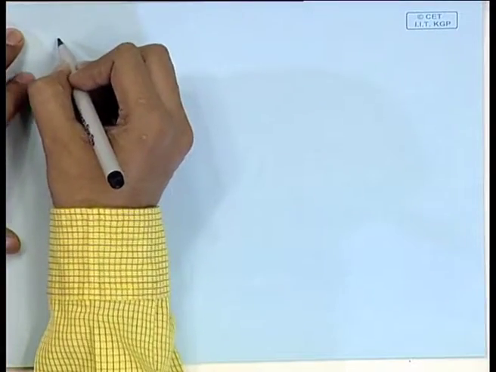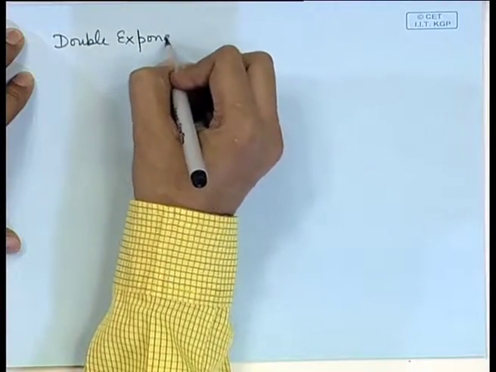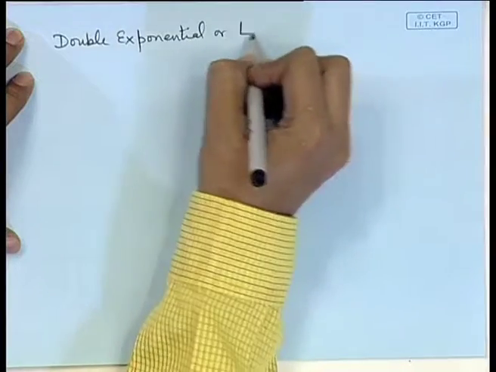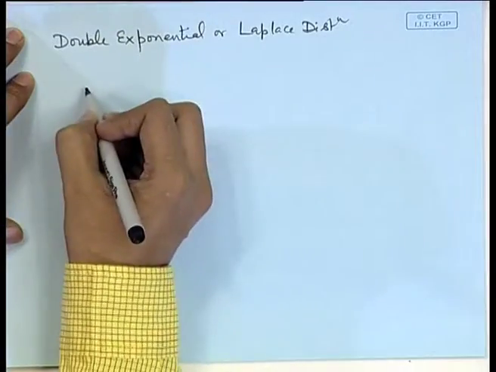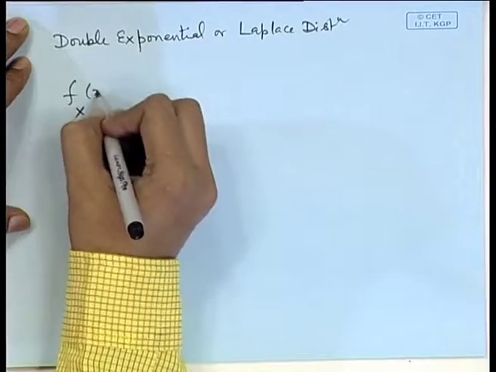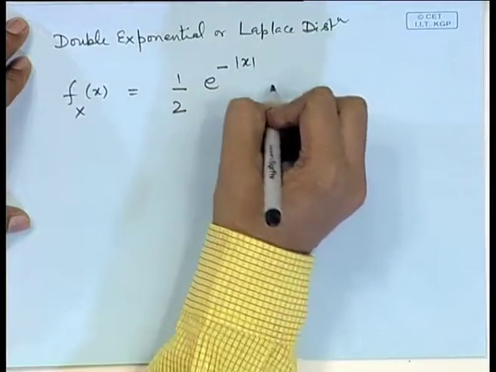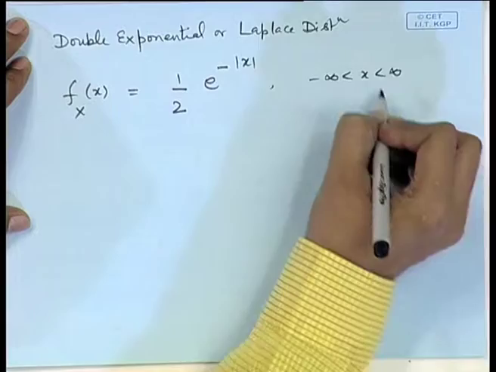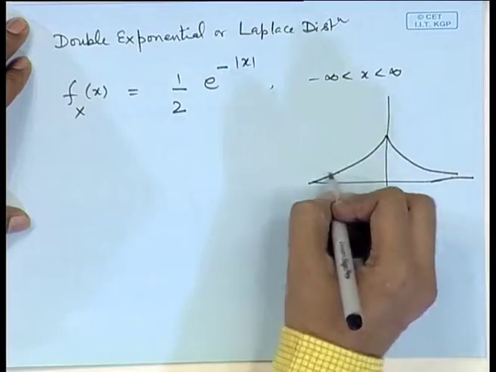Next we introduce the double exponential or Laplace distribution. If we remember the exponential distribution, in the exponential distribution the density was on the right side of the axis. If we consider the density on both sides of the axis, this is known as a double exponential distribution.